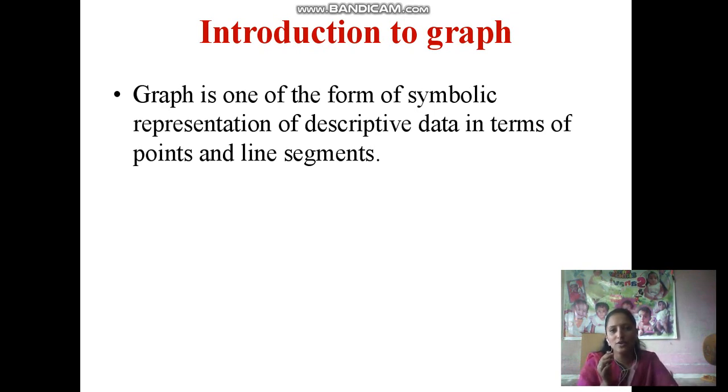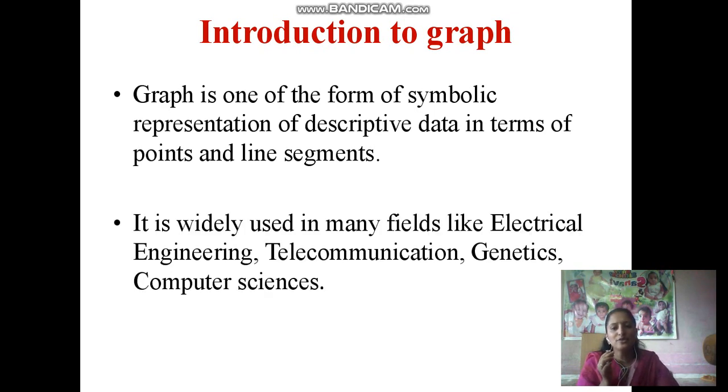Graph is one of the forms of symbolic representation of descriptive data in terms of points and line segments. That is, with the help of graph, we utilize the data in symbolic form. It is widely used in many fields like electrical engineering, telecommunication, genetics, computer sciences, and so on.